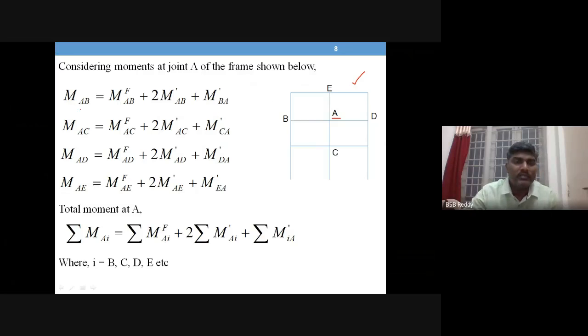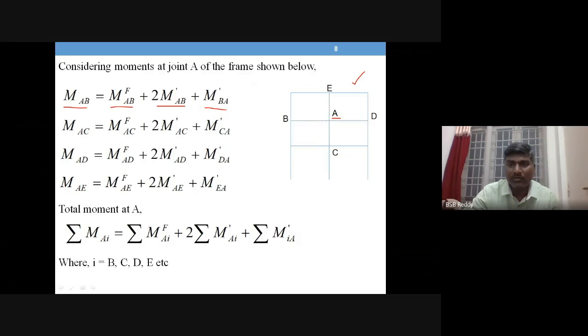Now if you apply that formula, what is MAB? It is the fixed end moment MFAB plus 2 times M dash AB plus M dash BA, which means the fixed end moment at A due to loads.